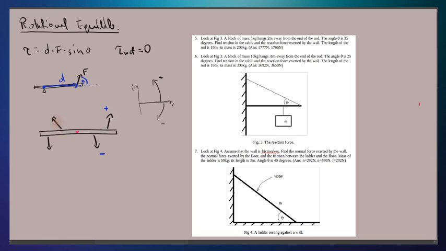If this was the only force acting on the bar, we would end up with rotation that looks like this, which corresponds to clockwise rotation, and that would give us negative torque. And finally, if this was the only force acting on the bar, that would give us this kind of rotation, which corresponds to counterclockwise rotation. And so this would give us a positive torque.